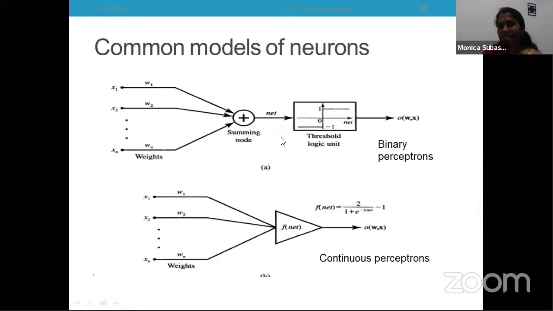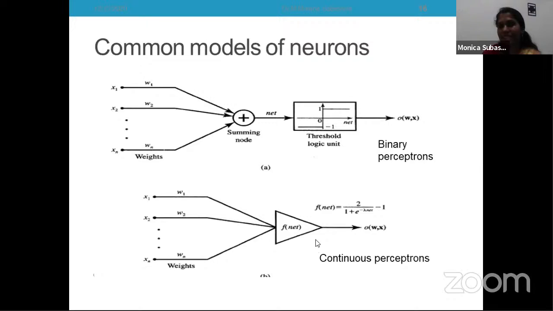A basic artificial neural network, a basic neuron, is known as a perceptron. This perceptron can act as a linear classifier. Perceptron is very well suited for linear classification. Multi-class problems would be supported with the help of continuous perceptron.